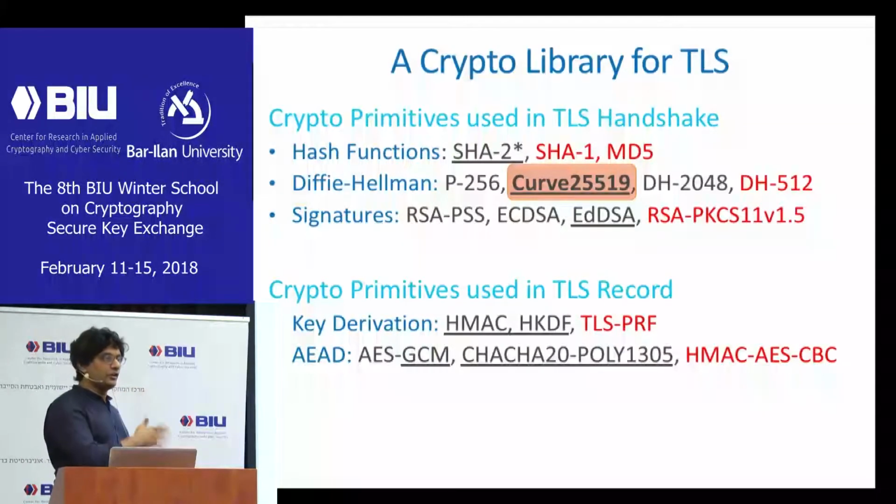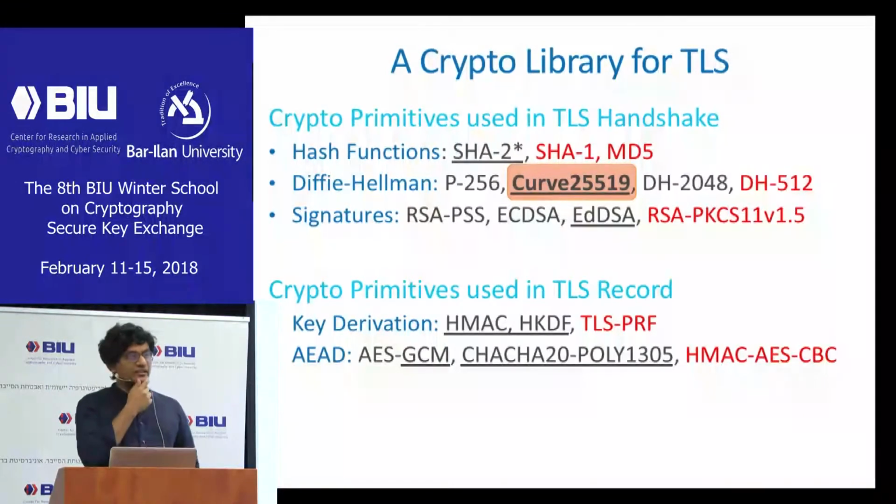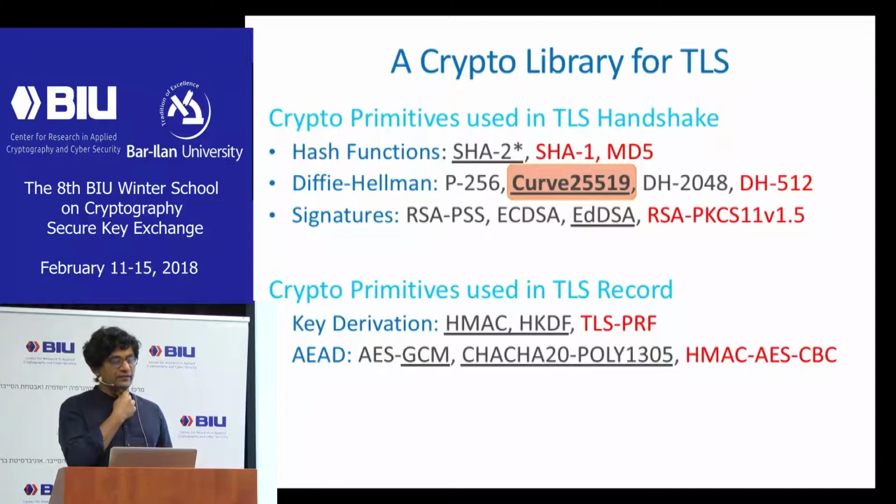And for the record protocol, for the actual authenticated encryption, you need some kind of key derivation, and TLS 1.3 typically relies on HKDF, and TLS 1.2 uses some version of HMAC for key derivation. And you need some AEAD schemes, right? You need at least AES-GCM, you need ChaCha20-Poly1305. So these are the minimal set, the ones in black are the minimal set of things that your TLS library is going to need, right?